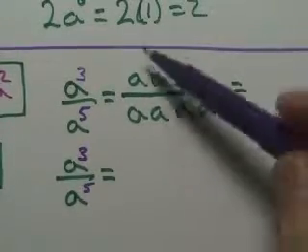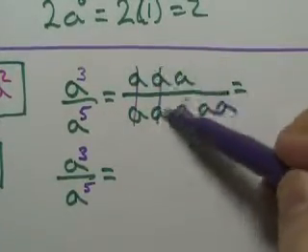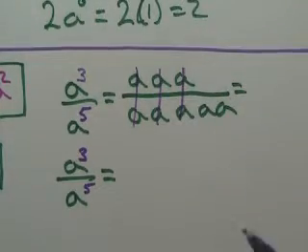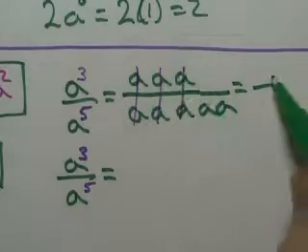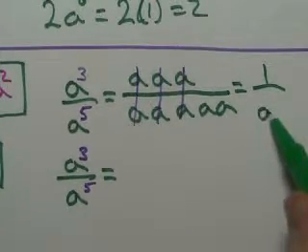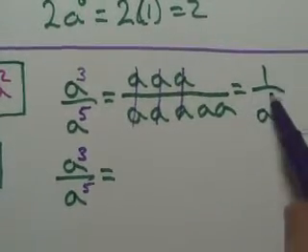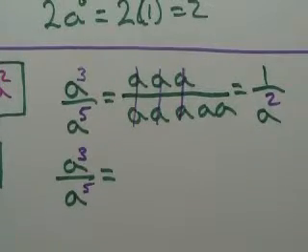If I reduce, what do I end up with on top? On top that's 1, and on the bottom that's 1 over A squared.